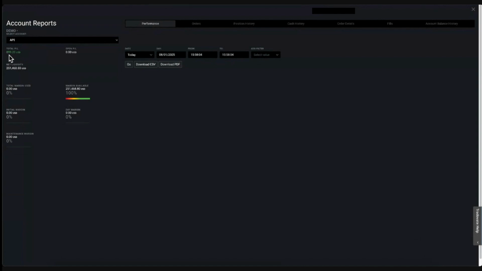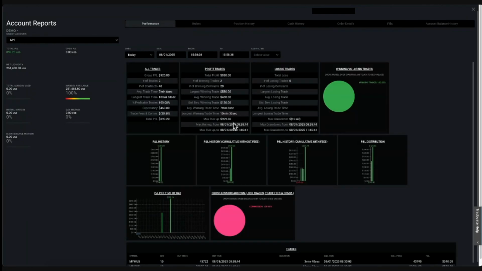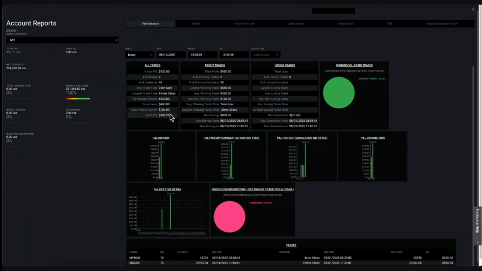I think this one traded NQNM8 and YMNM4. It traded only those two models, and that was the profit for today. Here I'll pull this up so you can see it made $920. It took two trades, and that was the only two trades it took.